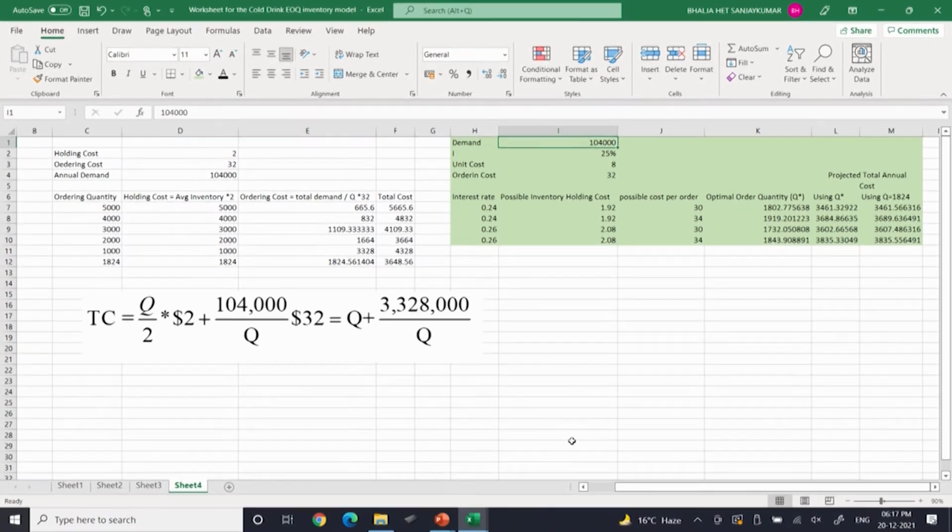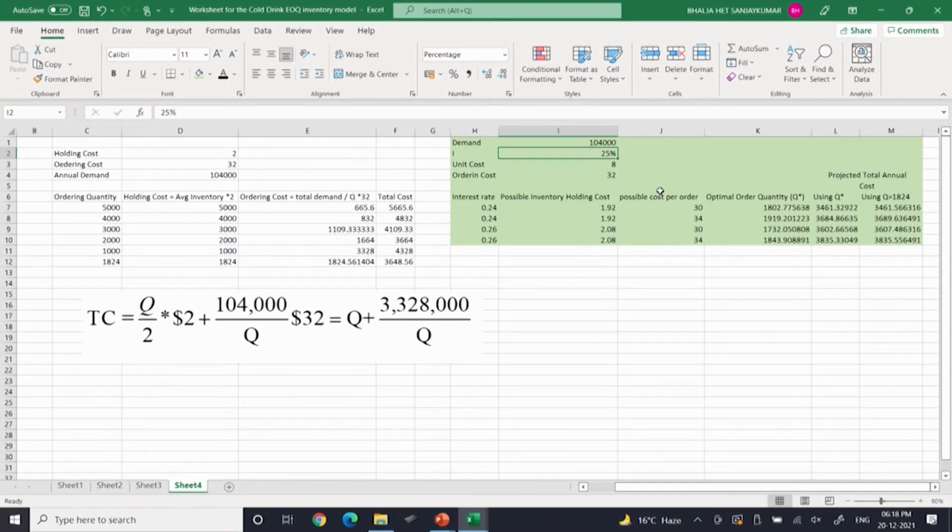The demand I have taken is 1,04,000, the interest rate is 25%, the unit cost is $8 and the ordering cost is 32. In H7 to H10 I am going to change the interest rate. I am considering only two scenarios. Instead of 25, if it goes to 24, what will happen?